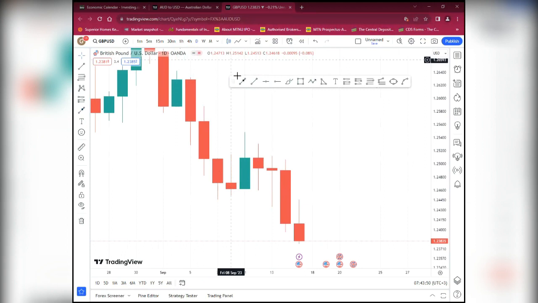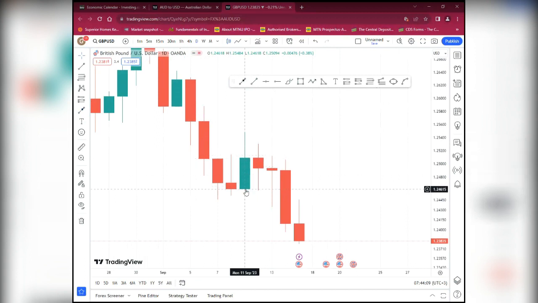And you guys can see the difference between the open and the low. We have no difference. The opening price is at 1.24618 and the lowest price is also at 1.24618. It means that we didn't have any low.